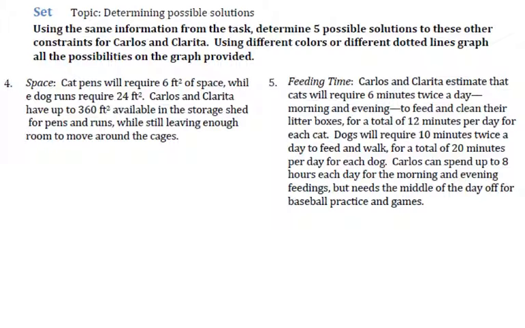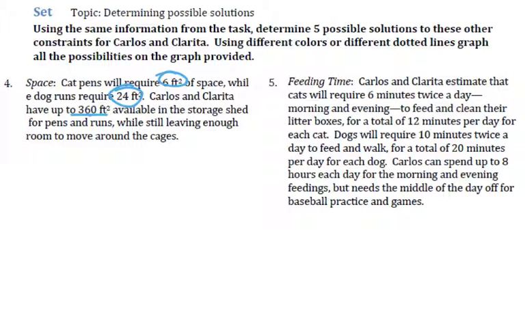We don't want it to be too small. We just can't be too big. So let's think of some ways that we can look at this. So cat pens will be 6 feet of space. Dog runs 24 feet, and we have 360 feet total.